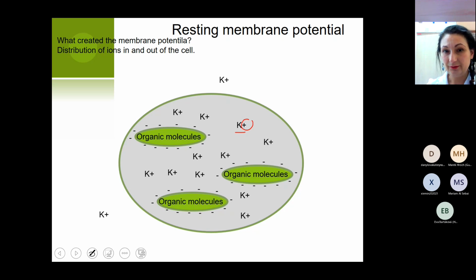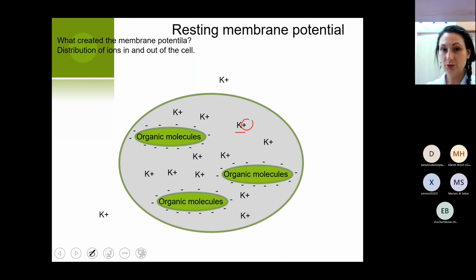So the positive charge of potassium is stabilized by the negative charge of organic molecules. Potassium, because it has a positive charge, is captured inside the cell because of the negative charge carried by organic molecules. This is the first point: the negative charge in the cell stabilizes the positive charge coming from potassium.